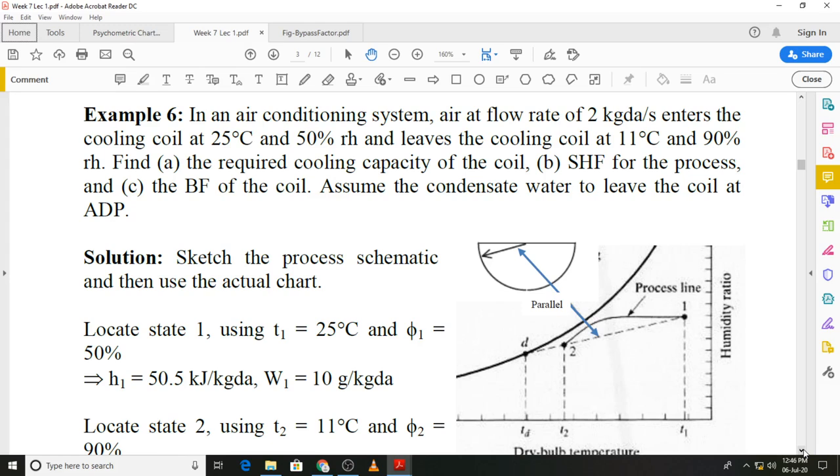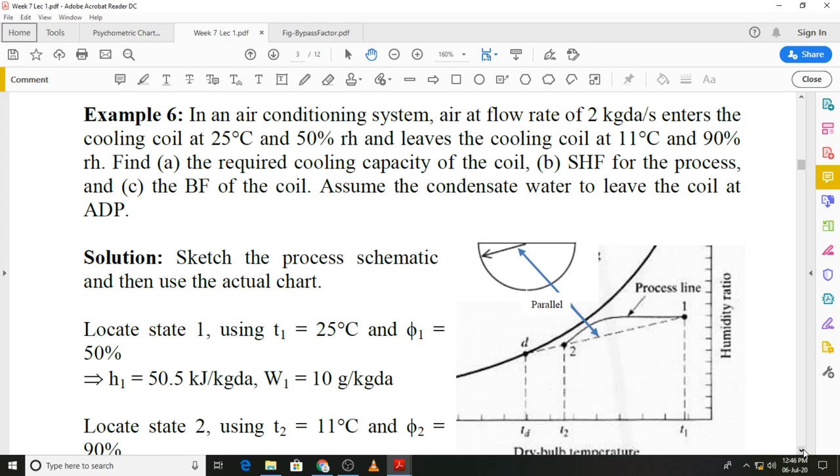As before, we identify the process by reading the problem statement, then sketch it on the psychrometric diagram, label it properly, and then we proceed with the actual solution. Because the dry bulb temperature and relative humidity of the air are given, we can easily locate state 1, and similarly we can locate state 2 using the dry bulb temperature and relative humidity.